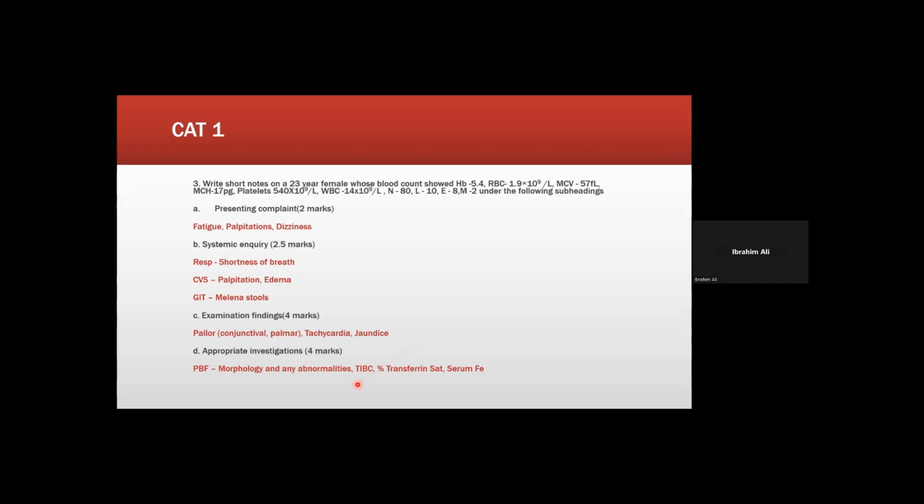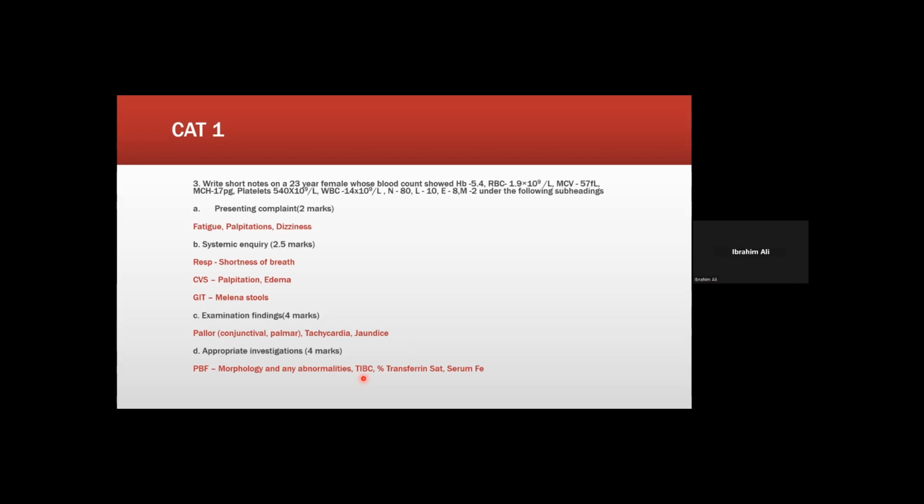And then you can see abnormalities like dacrocytes, the pencil shape cells, where your RBC will look like a pencil. That is in case of iron deficiency anemia. You can see teardrop cells in case of thalassemia and so on. And then your TIBC, those are the biochemical investigations I was talking about.